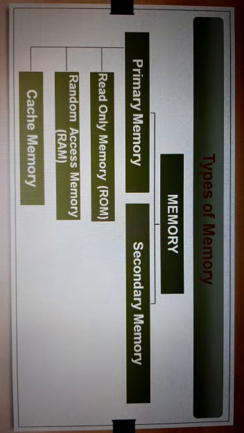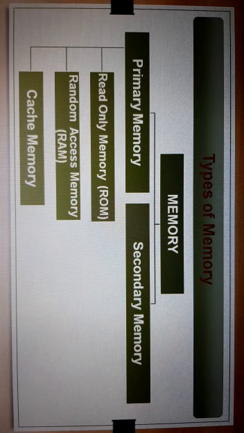First one is read-only memory, that is called ROM. Next one is random access memory, that is called RAM, and cache memory. Here the spelling is C-A-C-H-E, but it is pronounced as cash, cache memory. The secondary memory we'll discuss in another session. Today we will discuss the ROM and RAM basically.